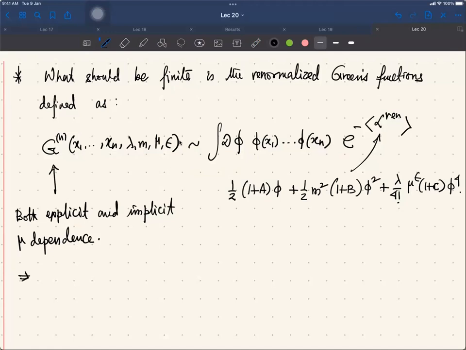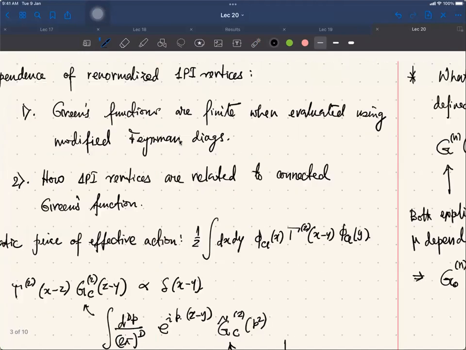And this implies that G0 is the same as Z phi to the power n by 2 times the renormalized Green's function, because you are relating each phi 0.